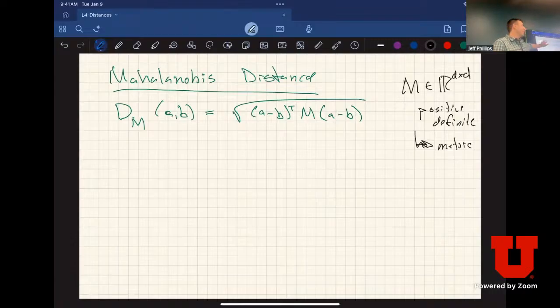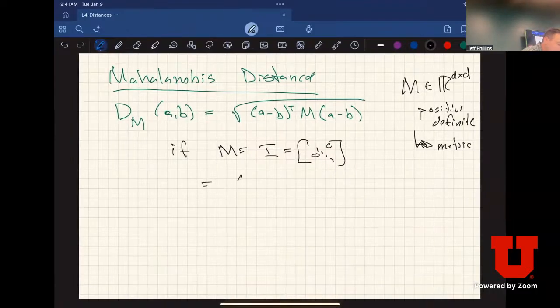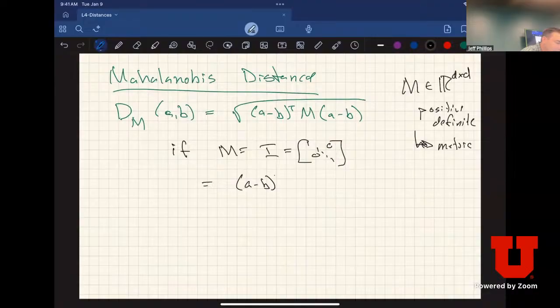We'll talk about how to use this later in the semester, and give you more intuition about it. What if M equals the identity matrix, which is 1, 1, 1, 1 with zeros off the diagonal? What is this doing? Then this is equal to the square root of (A minus B) transpose times (A minus B).